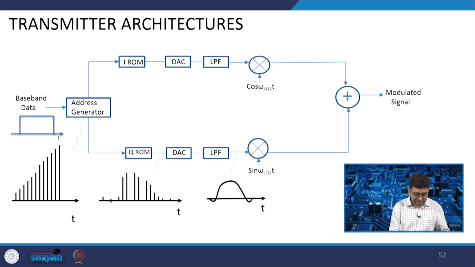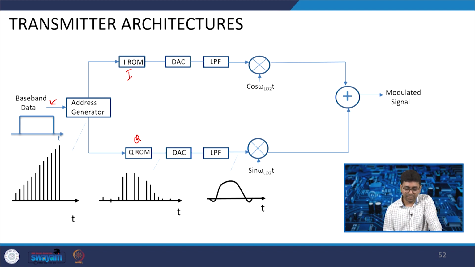There is baseband data, and then there is an address generator which is generating the address. There is an I ROM and Q ROM. So, in baseband you can easily generate the I and Q data. Then this I and Q ROM will have all the information of the modulation.